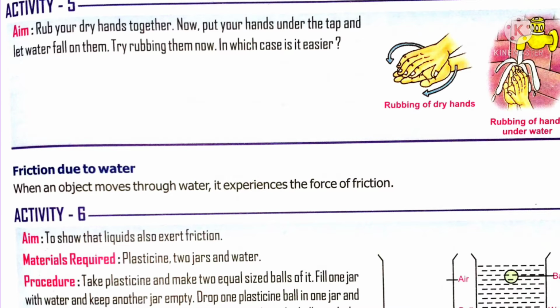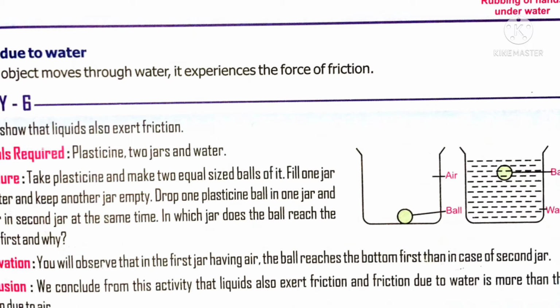See here, from this what do you understand? Because liquid exerts more friction, the ball takes time to reach the bottom, whereas air exerts less friction, and so that ball reaches first. Both the balls are made of the same material, plasticine clay. But who reaches the base first?